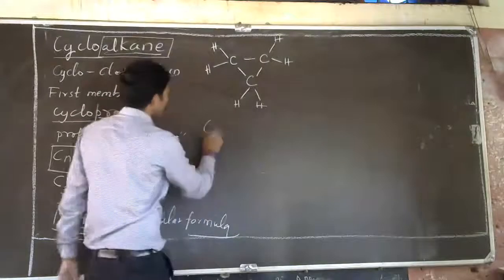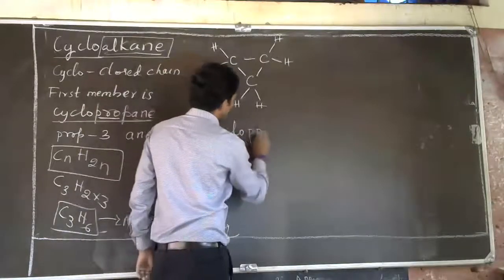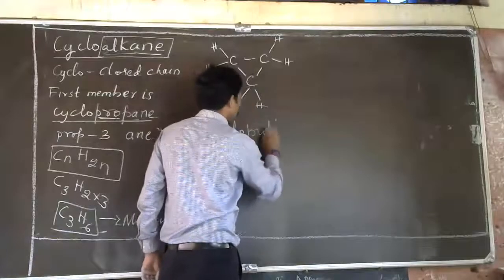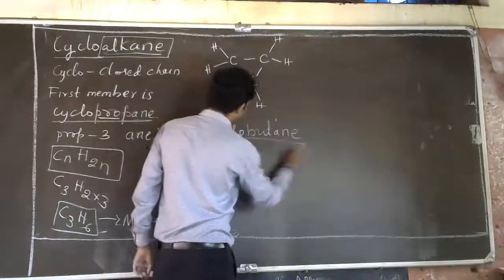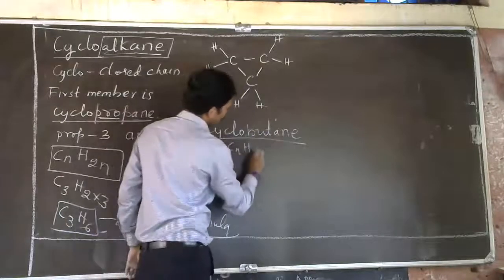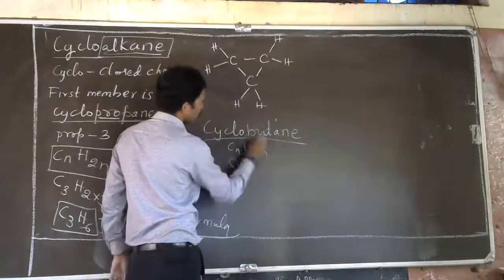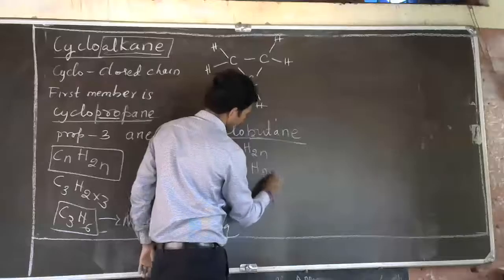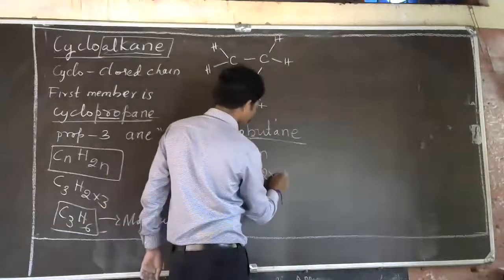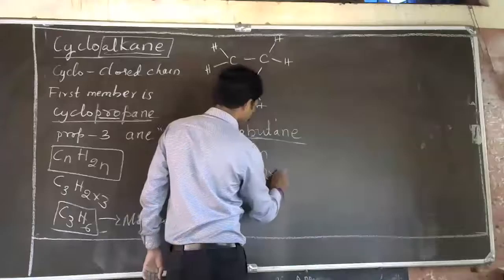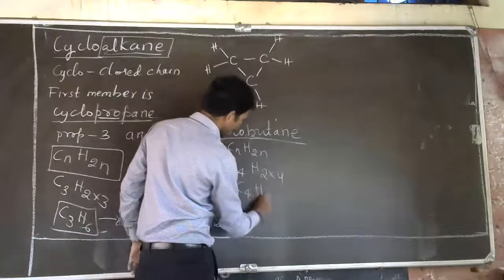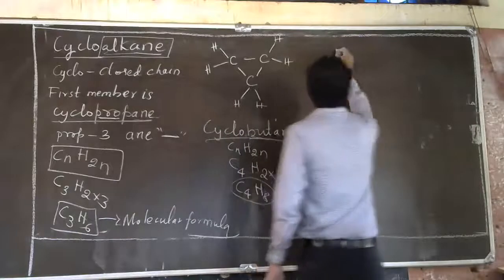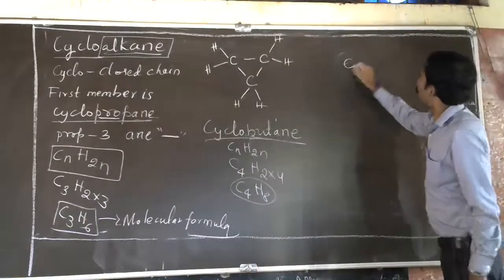Then one more will be cyclobutane. CnH2n. But means how much? 4. So C4H8. C4 means 4 carbons are there.